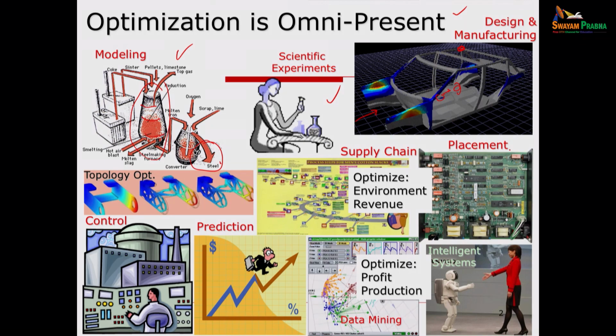Placement optimization is another thing. Here you have a small board and you have to put a lot of things in there. Some of them are connected to each other. So in order to minimize the overall wire length, maybe you want to put those that are connected close by. But then, because of switching on and off between them, this part will get heated very easily.